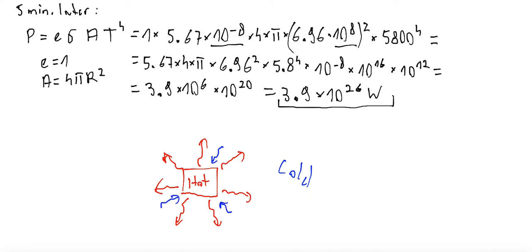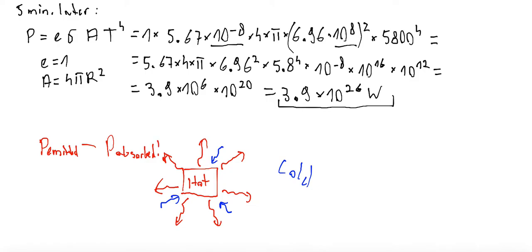The amount absorbed is of course much less because the surroundings have a lower temperature. So in this case, the total power emitted by the object is the difference between the power which is emitted and the power which is absorbed.